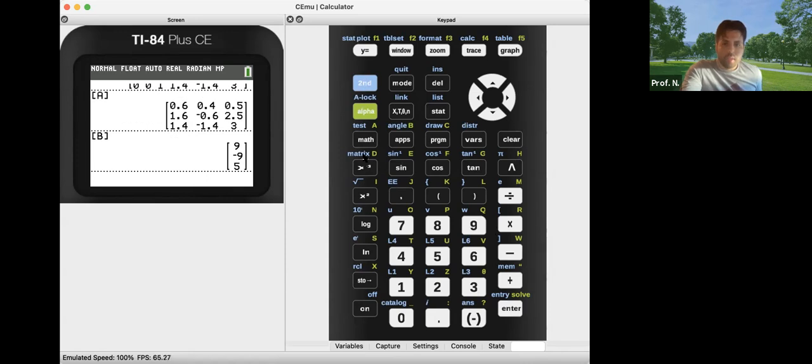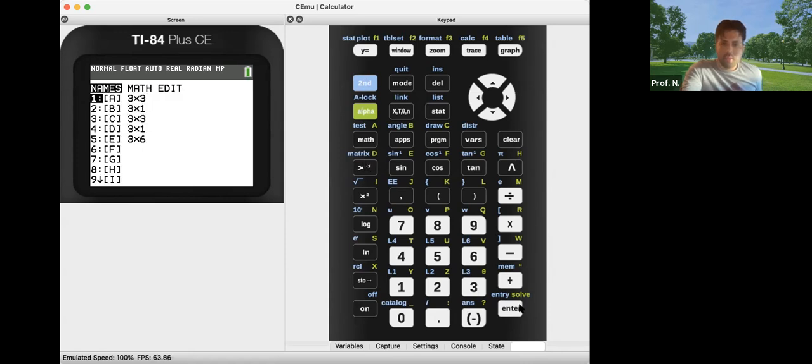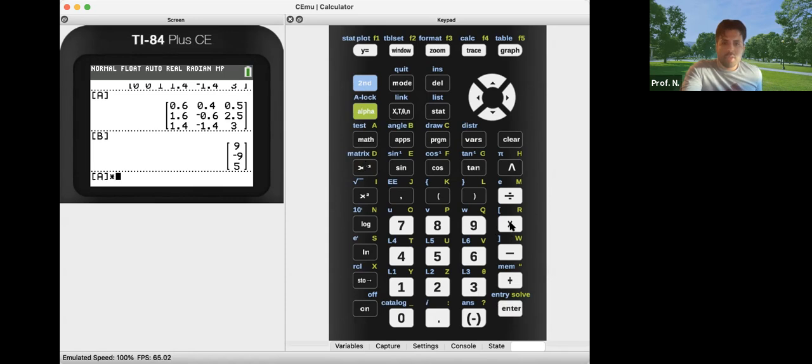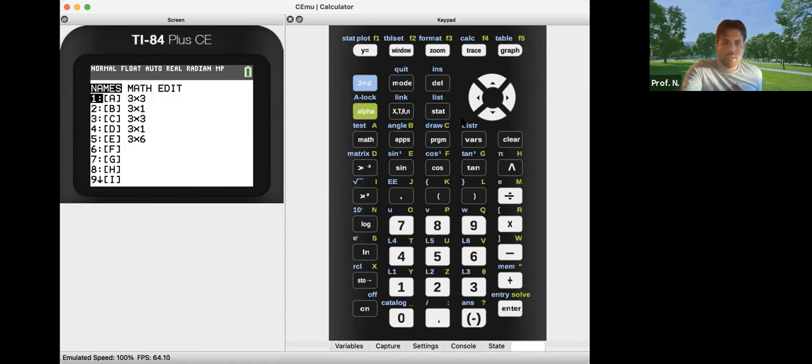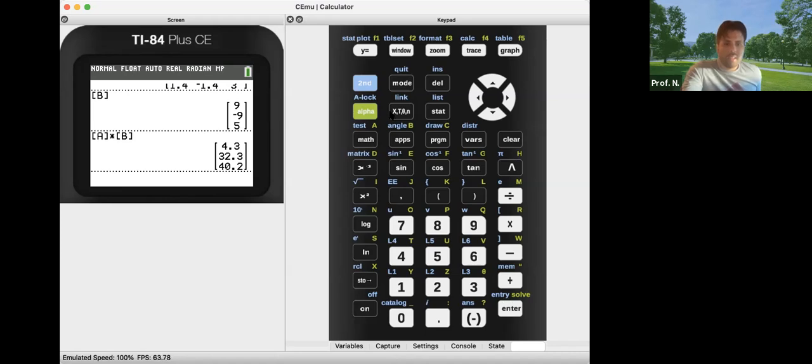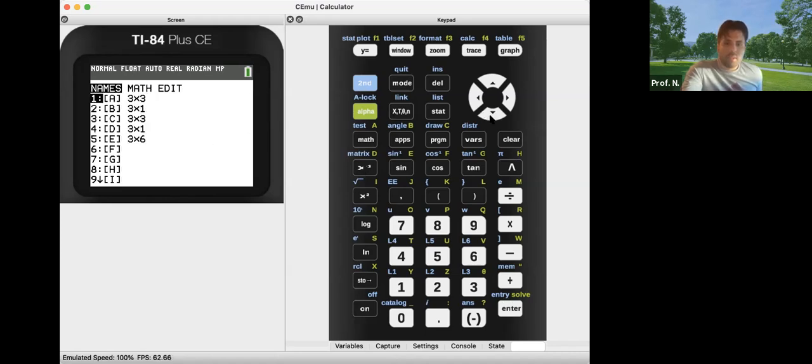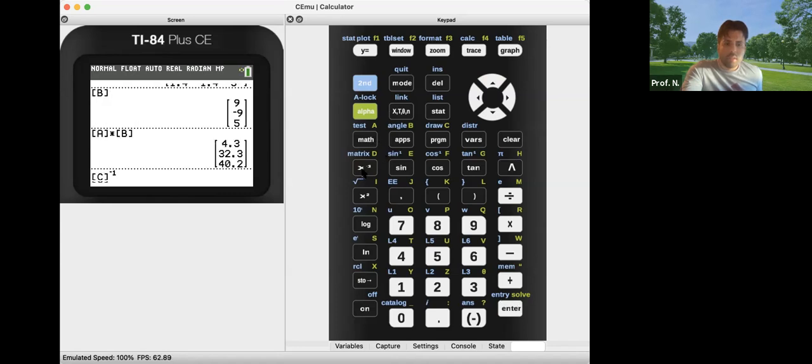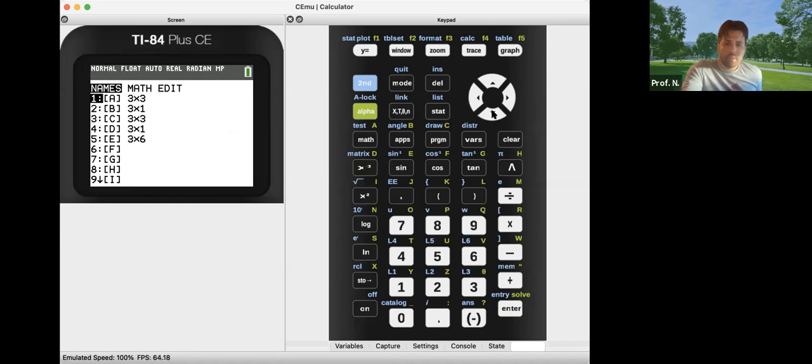Yeah. So I'm going to look into that. I don't know exactly why the discrepancy is there. There shouldn't be a discrepancy. So when I multiply this out, I get this. But when I do this, I get something different, which shouldn't be the case.